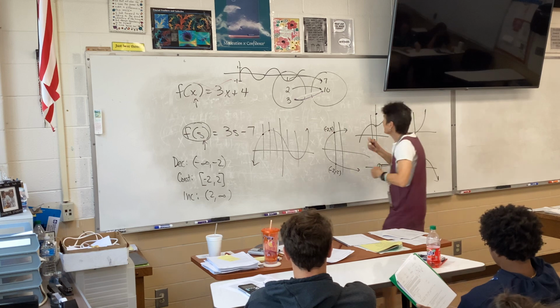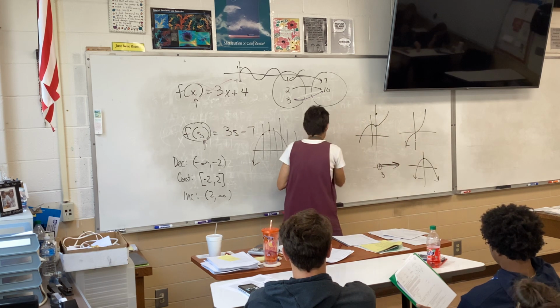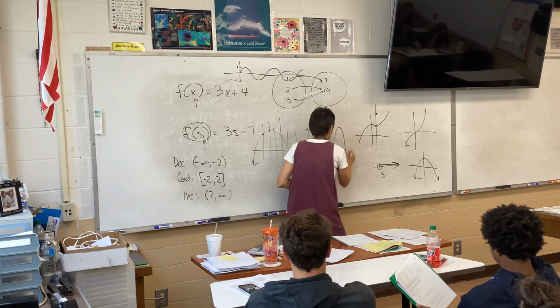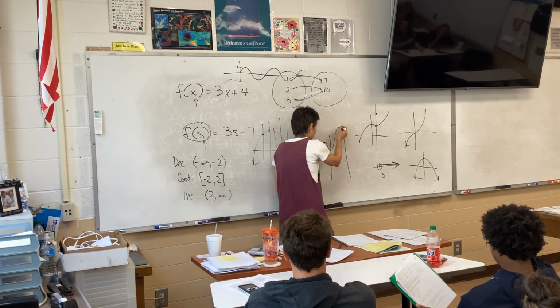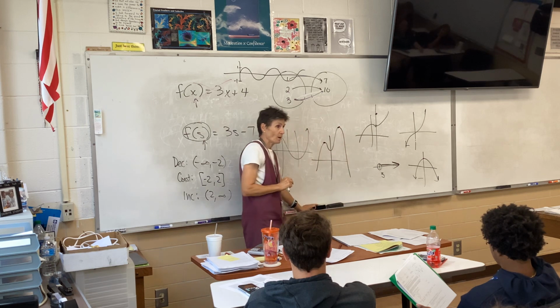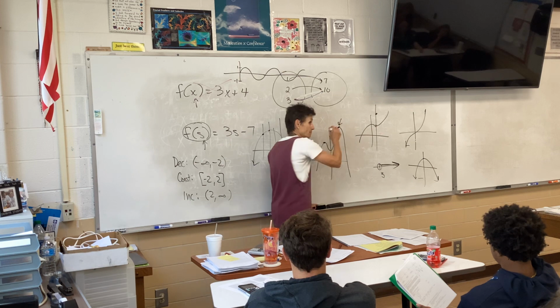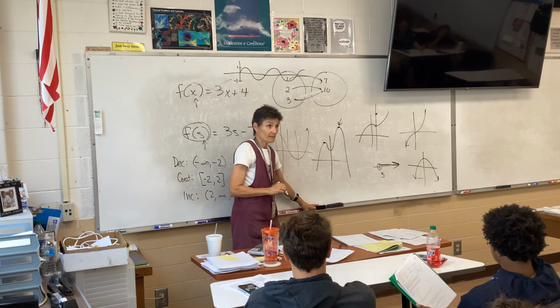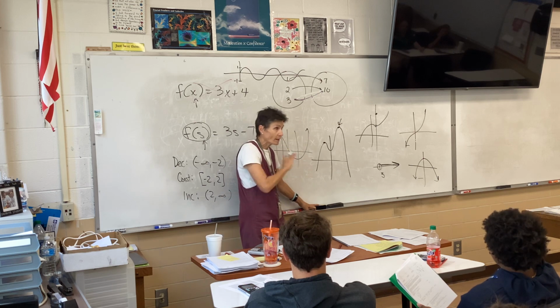Now, if we had a picture that looked like this, this and this would both be relative maximums, agreed? But this one would also be the absolute maximum because it is the highest point on the picture.